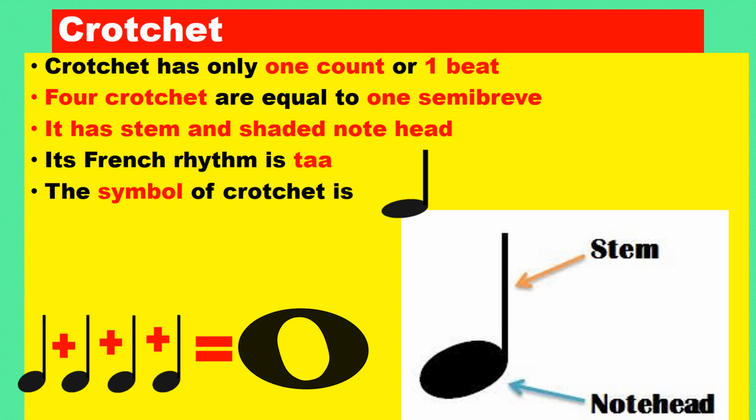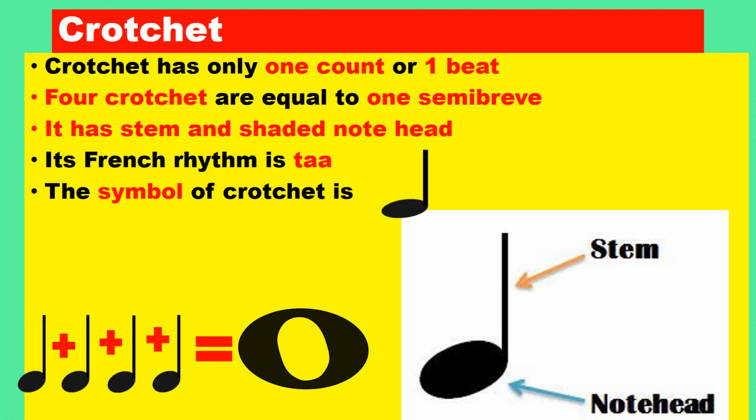You just clap once to get 1 beat. Remember, in minim you clap once, but you prolong it to be 2 beats. Then in semi-breve you clap once, then you prolong it to be 4 beats.